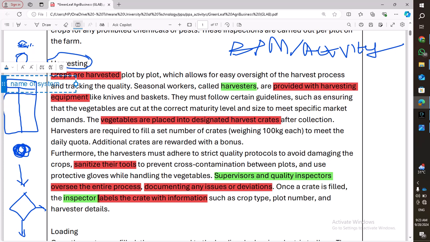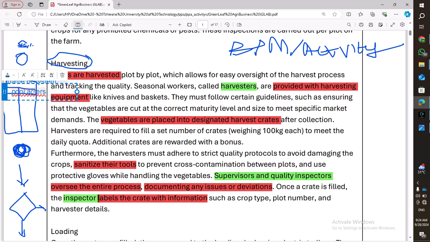The name of the system here was harvesting. And in the pool, you write the actors. Always remember that the actor that triggers the system is always on your left.